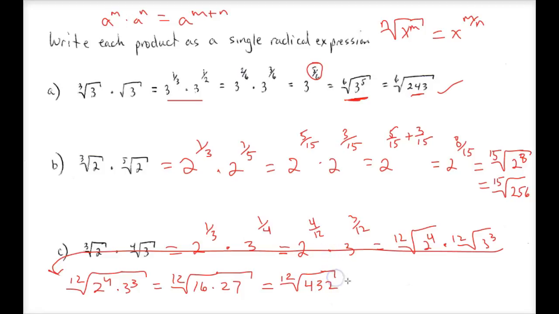Okay. And so from that point, if we try to break this down any more, we're going to see that there's not much we can do with that. We know that we have 4 factors of 2 and 3 factors of 3, and so we don't have a group of 12 of anything there. So no way that we could break this down, so this would be the simplest form that we would have there. Okay?